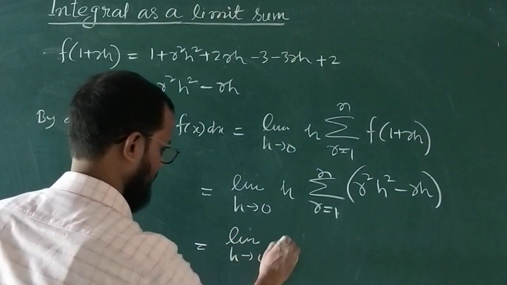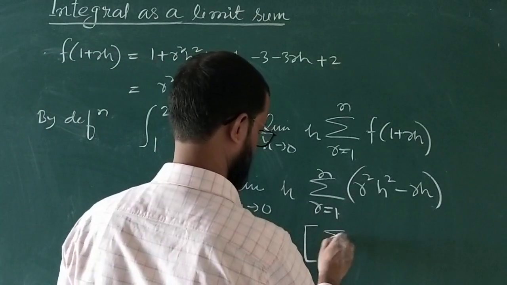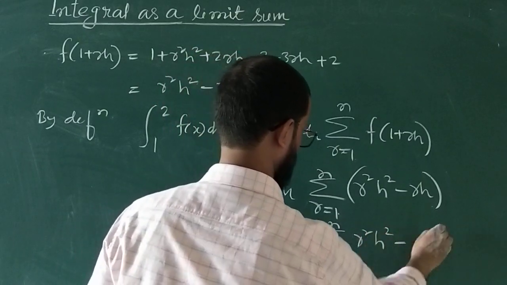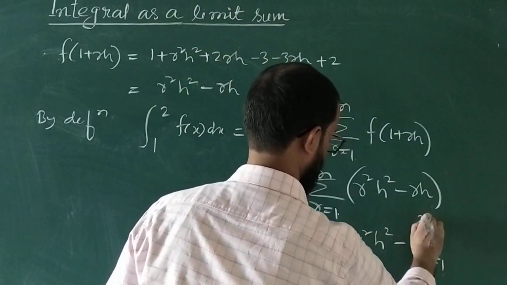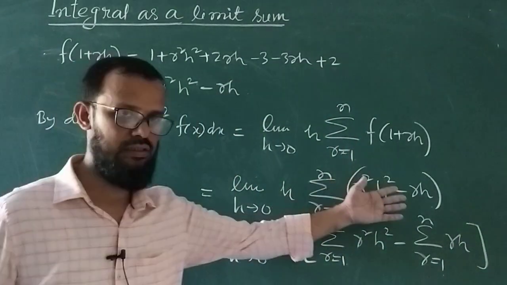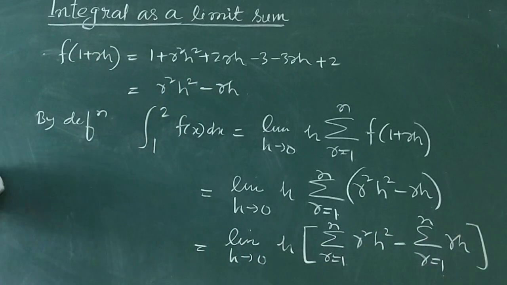Okay, next another step. Limit h tends to 0, h into, if we separate the summation, what will happen? Summation r equal to 1 up to n of r square h square minus summation r equal to 1 up to n of rh. I just separate the summation here, nothing else. Replacing this and then separate the summation.